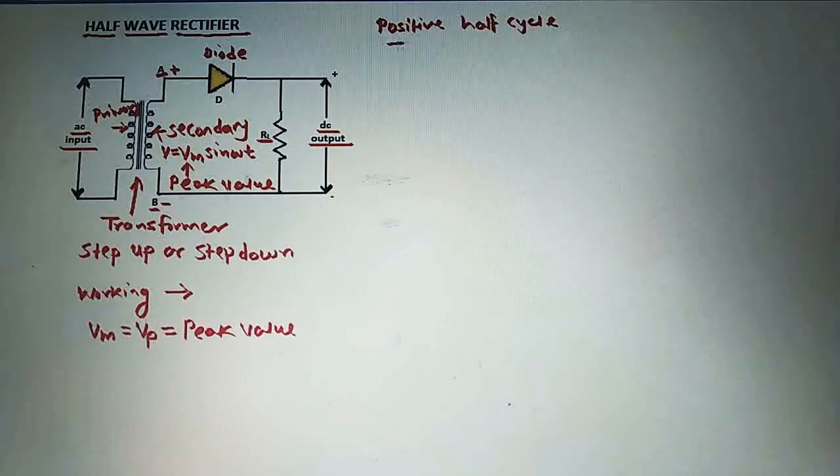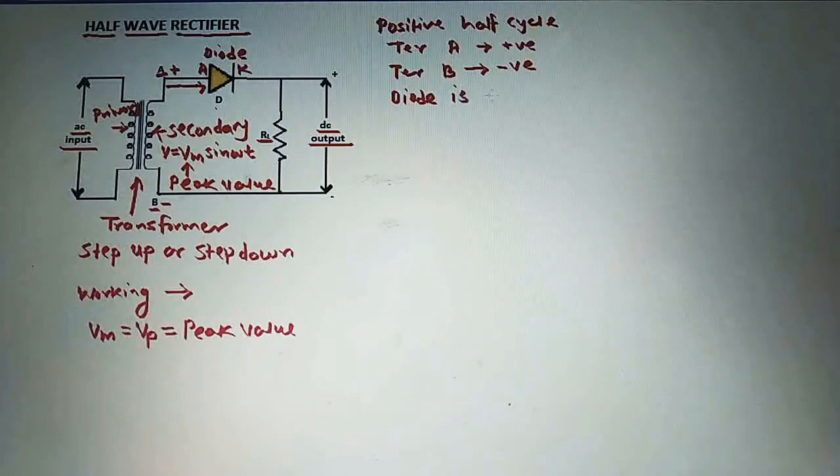So as terminal A is positive with respect to terminal B, this diode is in forward bias. Why? Because the current is flowing from the anode terminal of the diode to the cathode terminal of the diode. Because of that, the diode is in forward bias here.